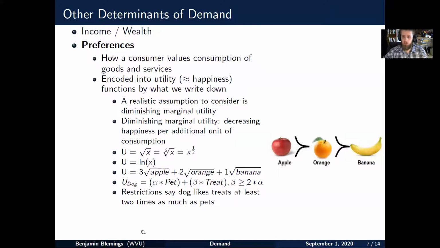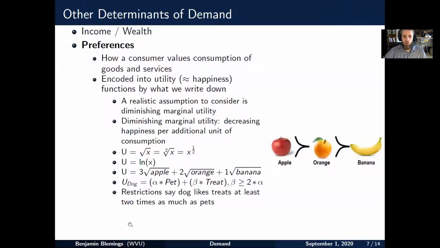And so just another example, I'm trying to give you a lot of them, it would be like a utility of a dog, or the happiness of a dog could say, well, it depends on how much they're pet and how many treats they have, and whether those are substitutes or complements depends on how they're related to each other in this utility function, which we'll get into more with partial derivatives.